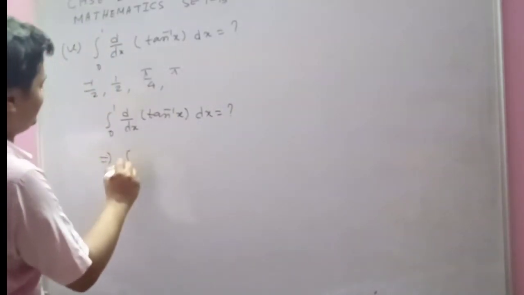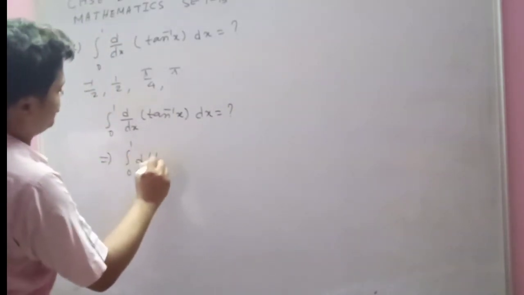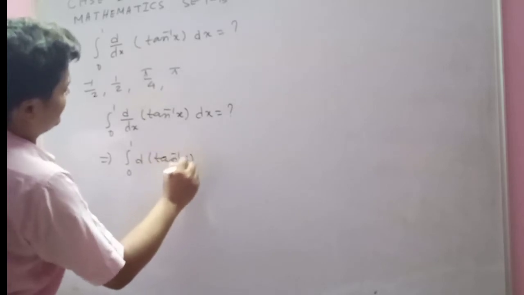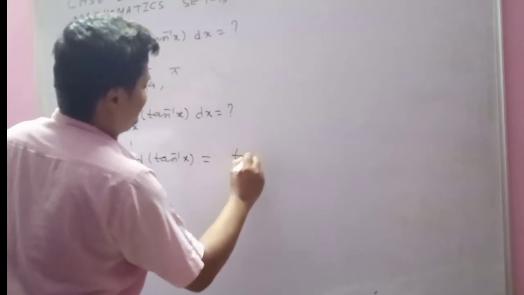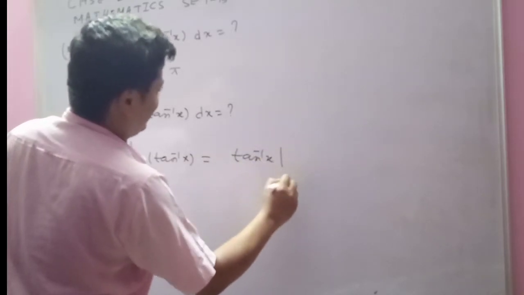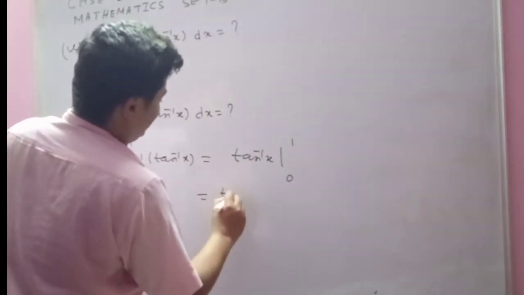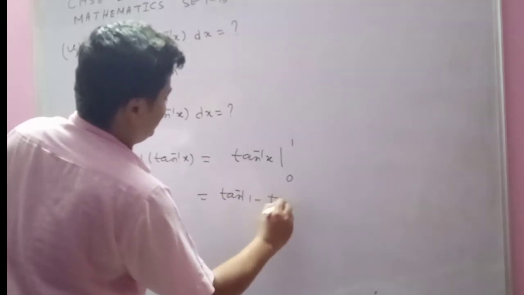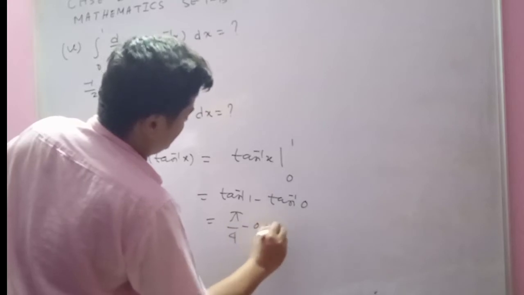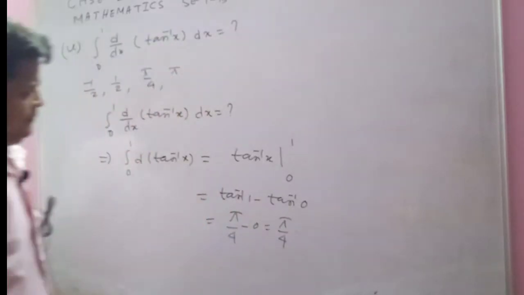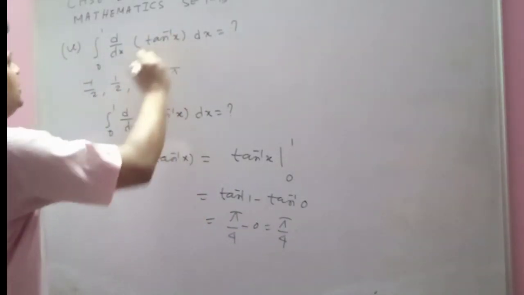This is nothing but integration 0 to 1 d tan inverse x, which is the same thing as tan inverse x. Put the limits 0 to 1: tan inverse 1 minus tan inverse 0. So this is pi by 4 minus 0, pi by 4. So the option is pi by 4.